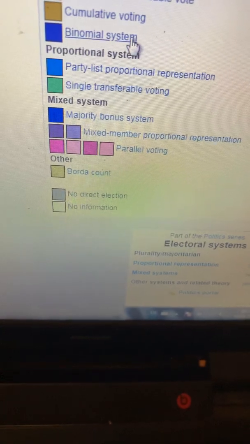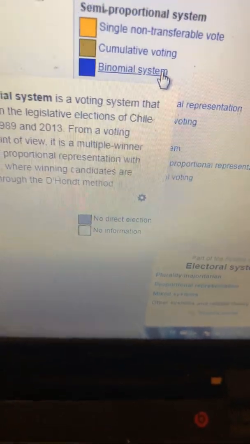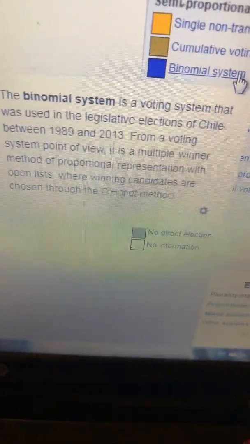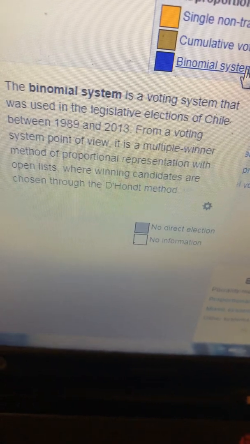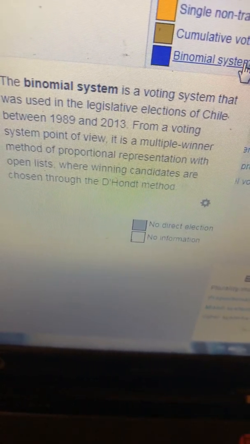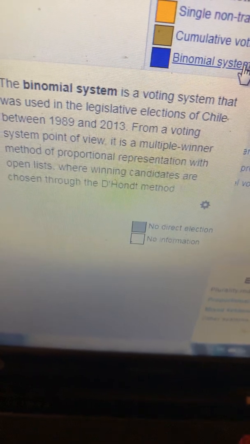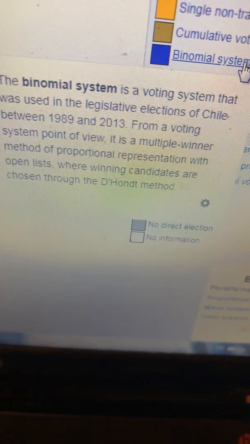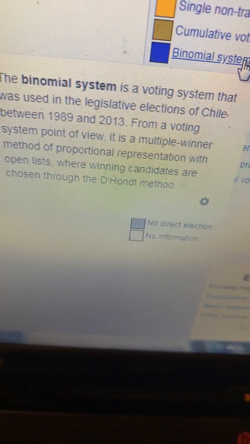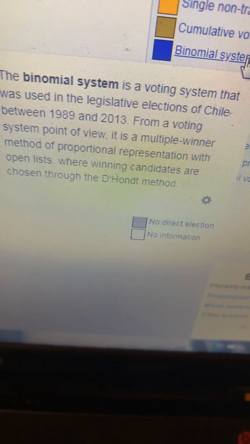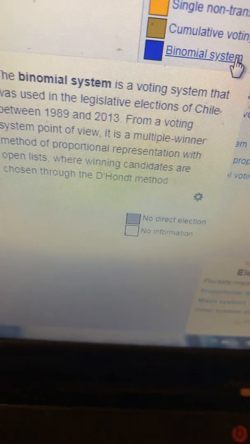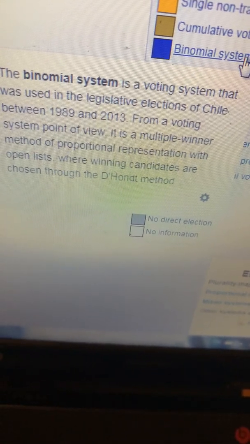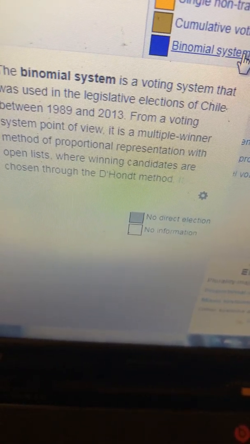And the binomial system is a voting system that was used in the legislative elections of Chile between 1989 and 2013. From a voting system point of view, it is a multiple winner method of proportional representation with open lists where winning candidates are chosen through the D'Hondt method.